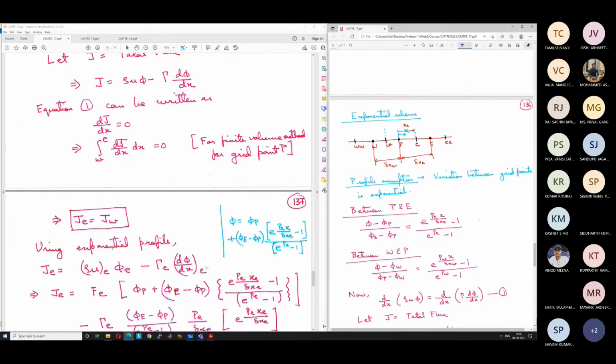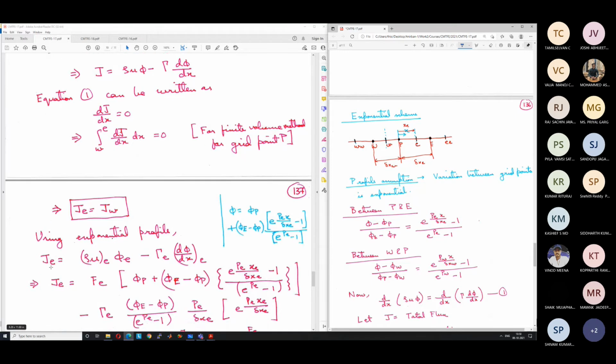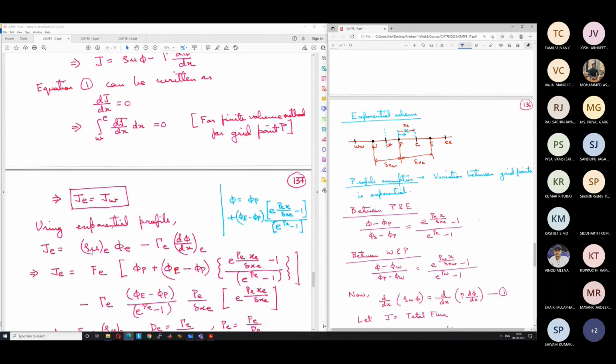Okay. So that we know what is j at east. Okay. So rho u at east is the advective flux at the east point, which is known, which can be interpolated from the grid point value. So this is called as f. We have already denoted this as f. So f at east. So the problem was coming on how to interpolate this phi. We will use the exponential scheme for interpolating phi.